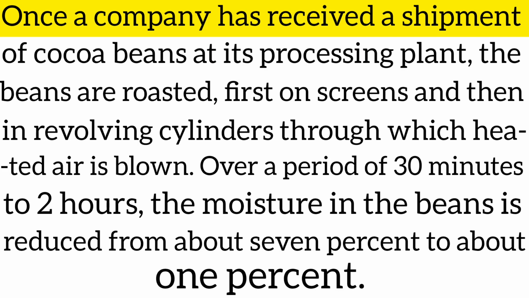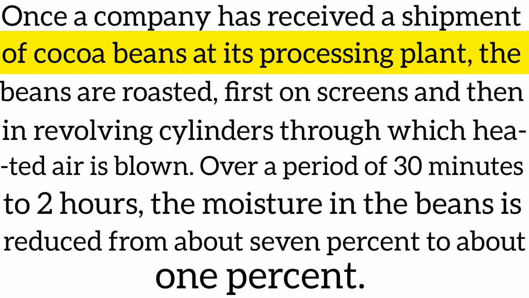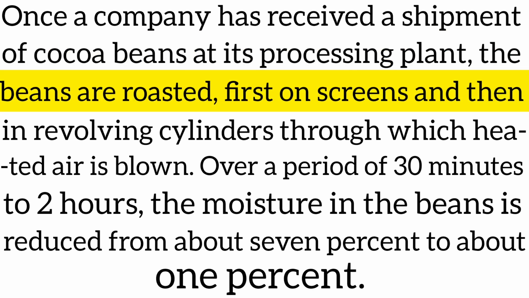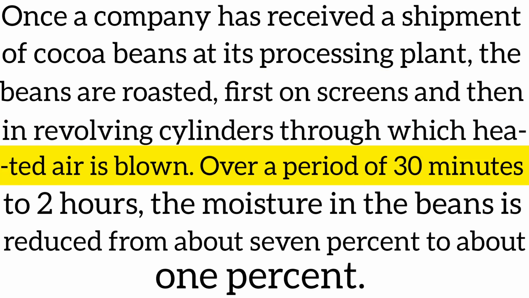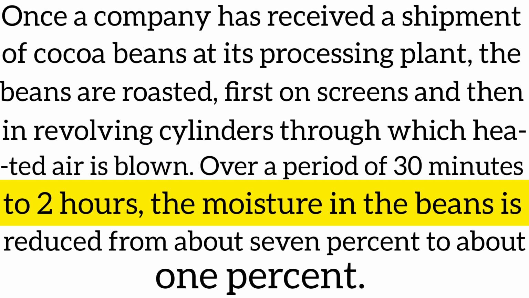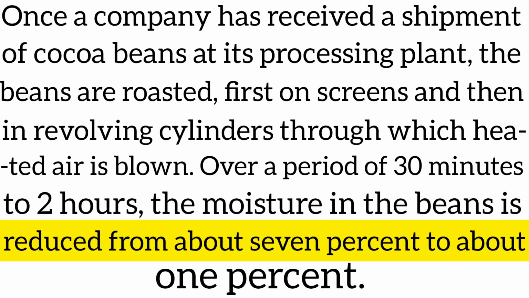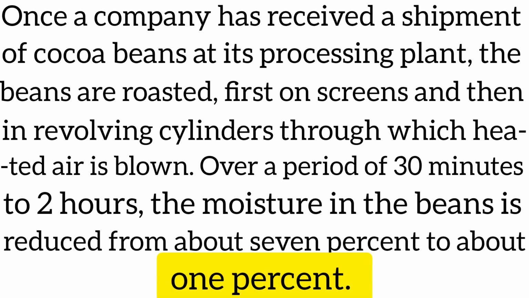Once a company has received a shipment of cocoa beans at its processing plant, the beans are roasted, first on screens and then in revolving cylinders through which heated air is blown. Over a period of 30 minutes to 2 hours, the moisture in the beans is reduced from about 7% to about 1%.